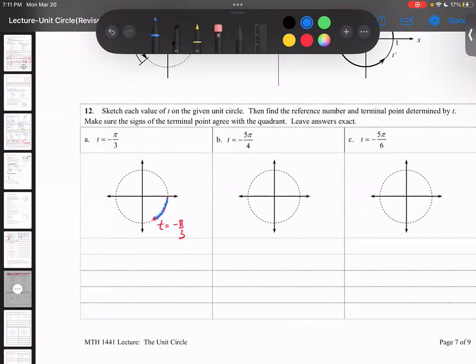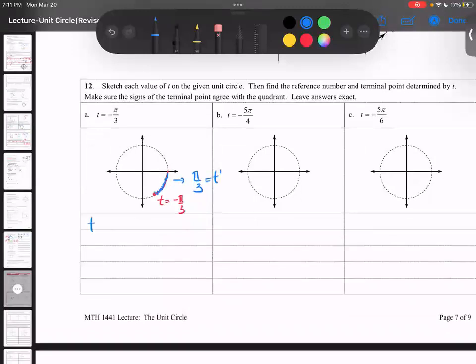So that distance is pi over 3. I'm talking about distance, not direction. Direction is negative pi over 3 because you're going clockwise, but the distance is pi over 3. So that would be t prime. Right down here, t prime equals pi over 3.